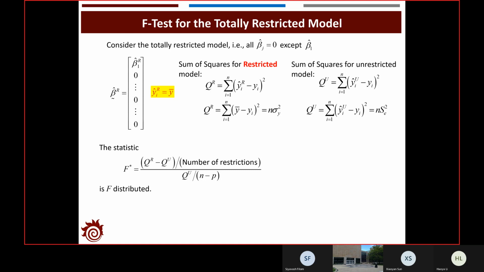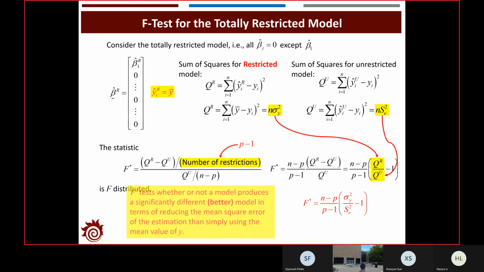We have n observations and p total variables. You check the F statistic and then use the F distribution to double check whether you can use the totally restricted model. If the probability is higher than 5%, it means that we cannot reject that assumption. If it's smaller than 5%, then we cannot use the totally restricted model.